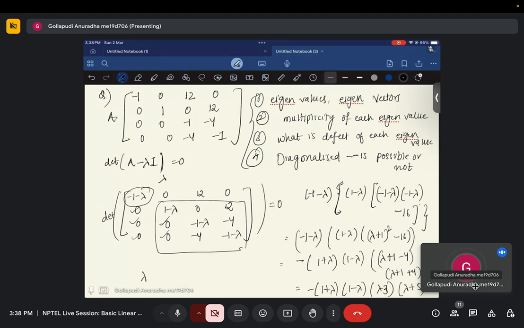So eigenvalues, did you get them as 1, minus 1, 3 and minus 5? Did you reach till here?